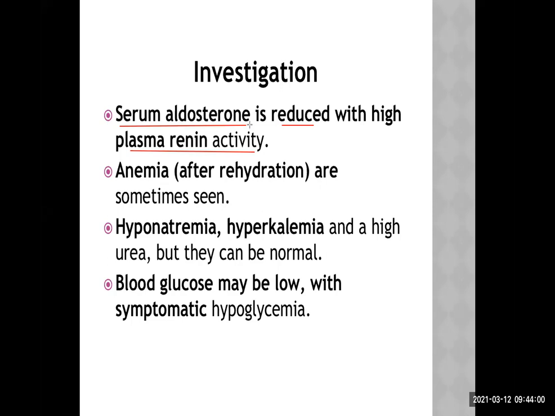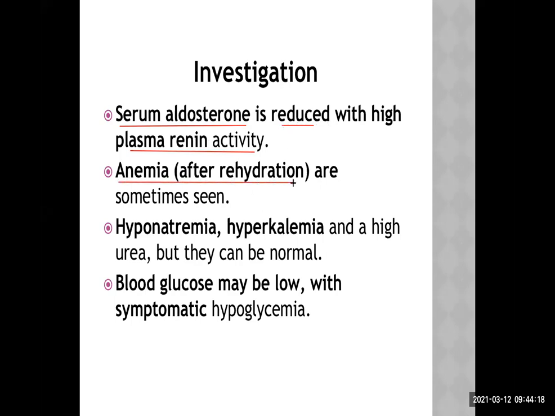But what about in a secondary problem, which lies in the pituitary or hypothalamus? Probably in that case, the aldosterone level is not very affected because it does not depend on ACTH stimulation. That's what I want to say here.